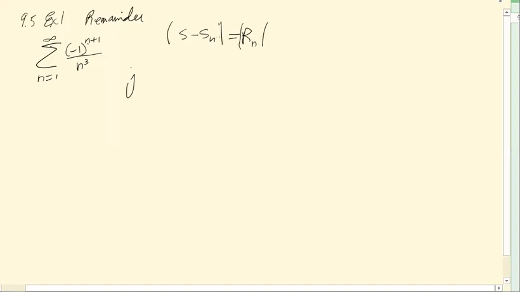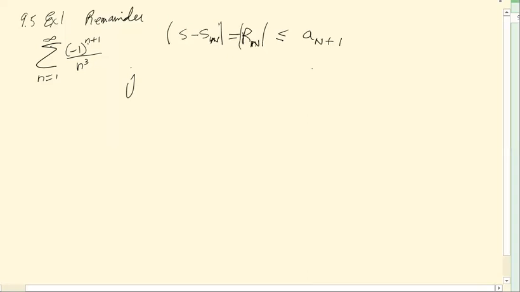And we'll use an uppercase N here, not to confuse with the other. This theorem says that it'll be less than or equal to the first neglected term in the sum.